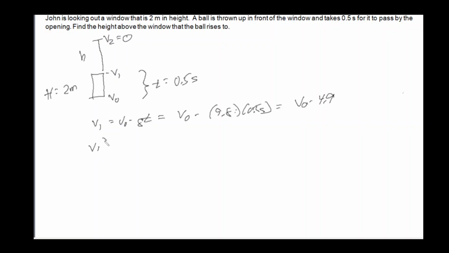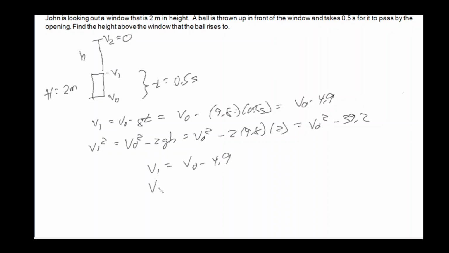And v1 squared is equal to v0 squared minus 2gh, which is v0 squared minus 2 times 9.8 times the height of 2 meters, which is v0 squared minus 39.2. To summarize, v1 equals v0 minus 4.9, and v1 squared equals v0 squared minus 39.2. We will call these equation 1 and equation 2.